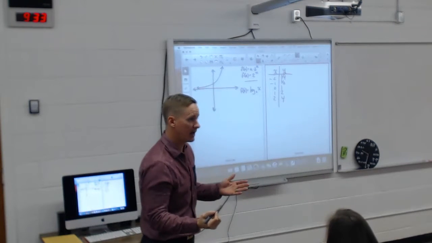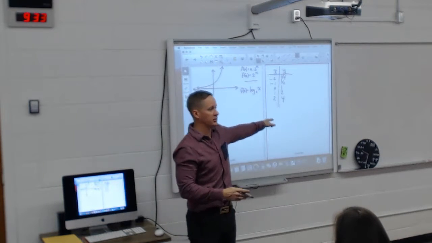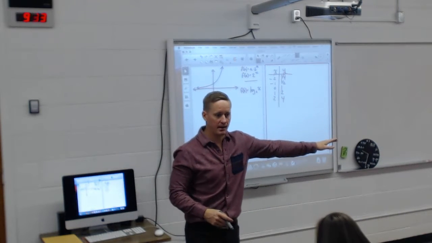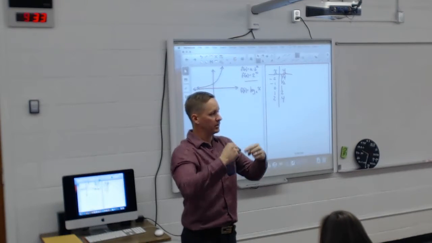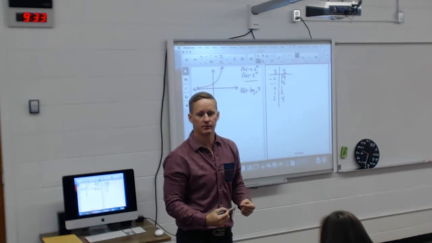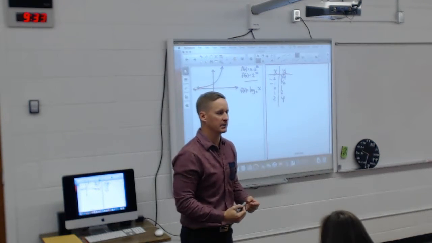Everybody remembers this from yesterday? Because I can't go into today if you don't remember it from yesterday. Everybody's okay with that? So a negative exponent, put it on the bottom of the fraction and make it positive. That's it. Got it?